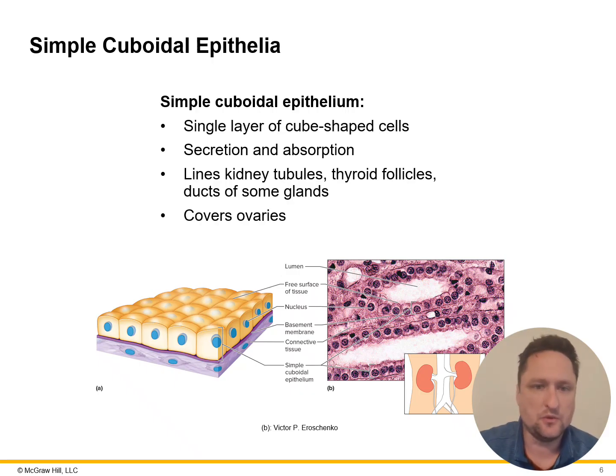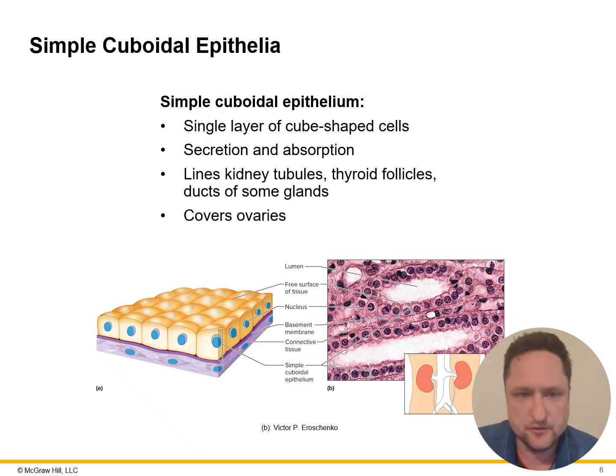It also forms the walls of ducts in glands such as the thyroid and salivary glands. Because it often forms circular structures, you can see this under a microscope pretty clearly. It has a ring-like appearance.